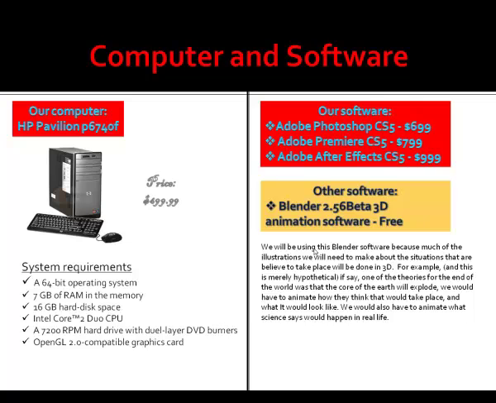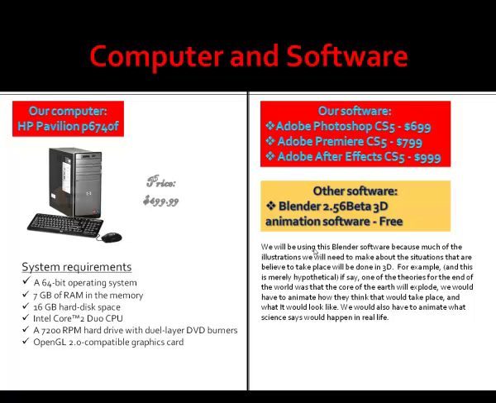These system requirements are all based off the requirements to run the software on the left side, starting with Adobe Photoshop CS5, which is around $700, Adobe Premiere CS5 at $800, and Adobe After Effects, which is about $1,000.